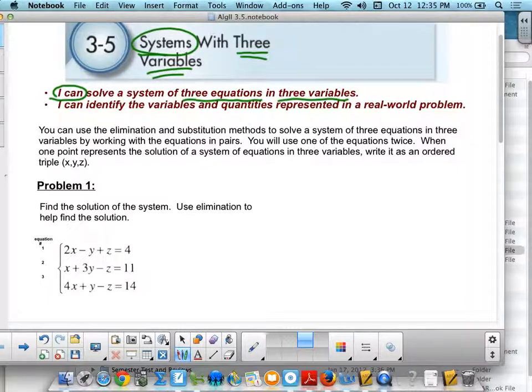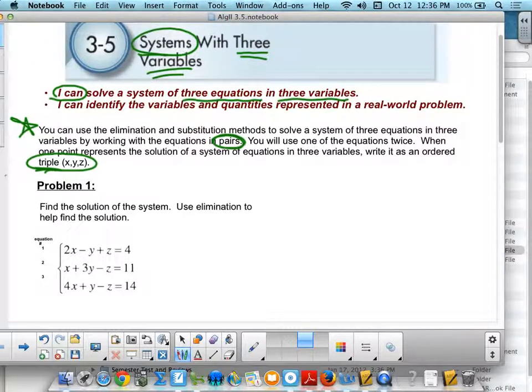All right, so here's what you're going to do right here. You can use the elimination method, substitution method, to solve a system of 3 equations in 3 variables by working with the equations in pairs. And you will see what I mean in just a little bit when I say pairs, okay? You will use one of the equations twice. When one point represents the solution of a system of equations in 3 variables, write it as an ordered triple.